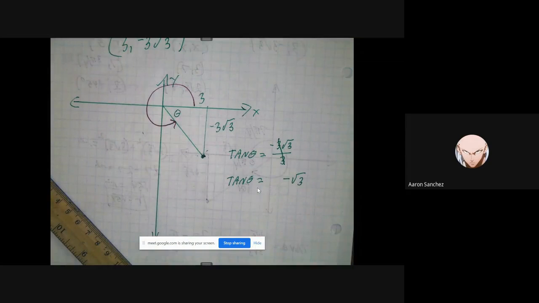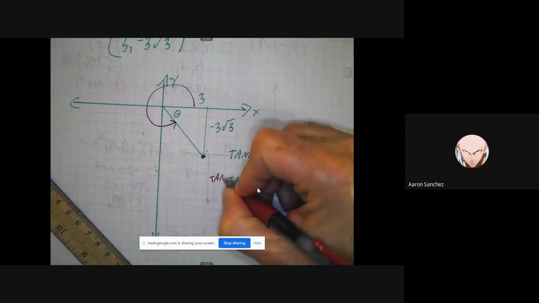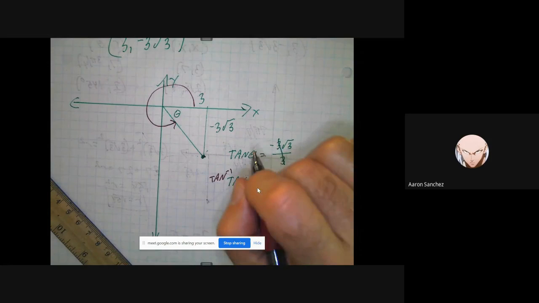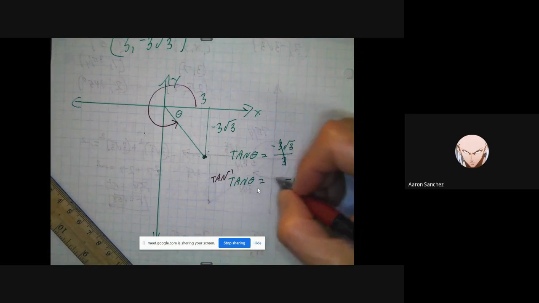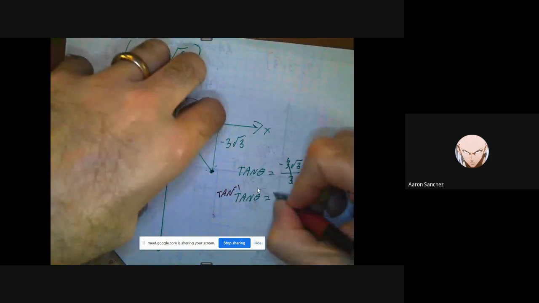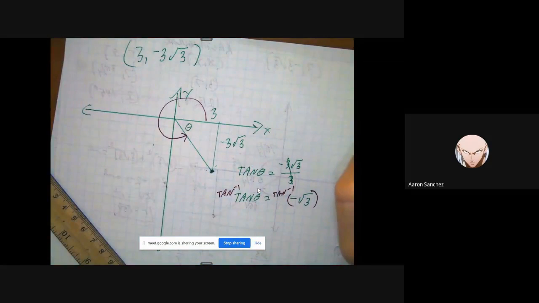Okay, so now I want to get my inverse tan, get rid of that tangent. So I get the inverse tan of negative square root 3.